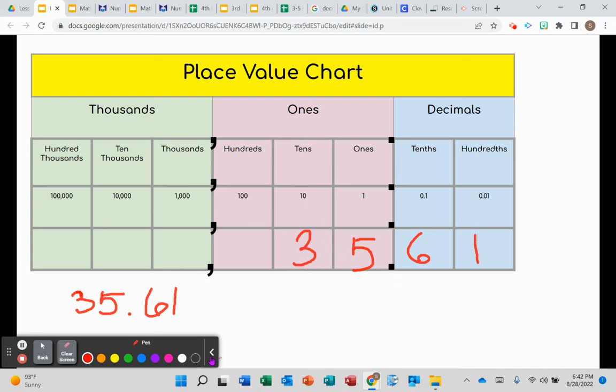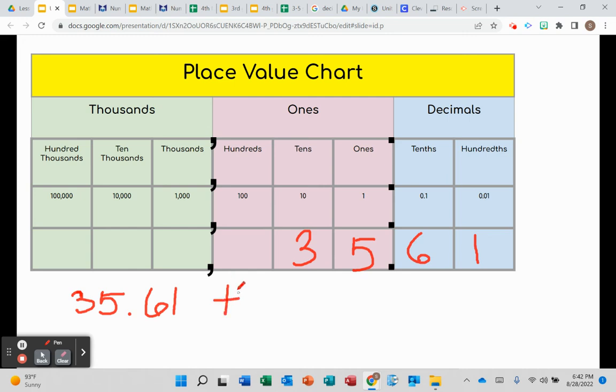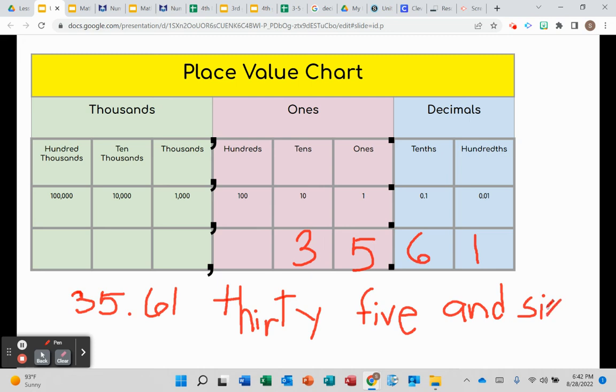So the way that I would say this number would be thirty-five, and when we see a decimal, we'll say and, sixty-one hundredths.